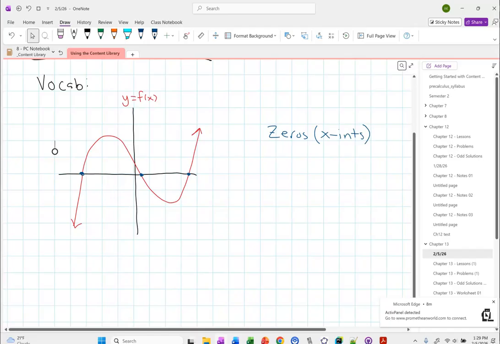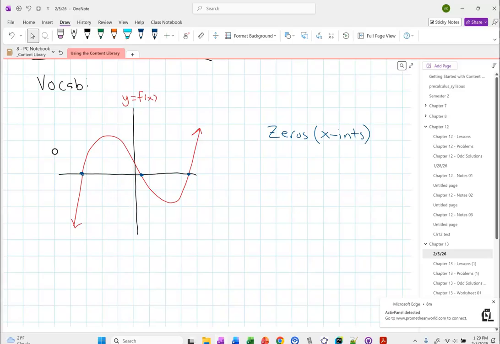The next key feature I want to talk about are extrema.